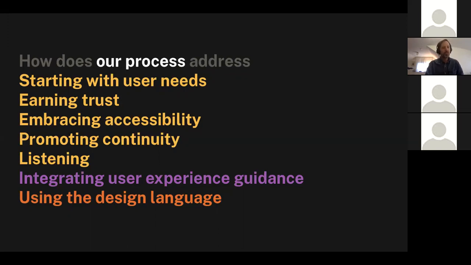What are we able to do as individuals? What are we building into the way that we work? And then what is the outcome? Then how does our product address starting with user needs? How does our product address promoting continuity? How does our product address using the design system design language?